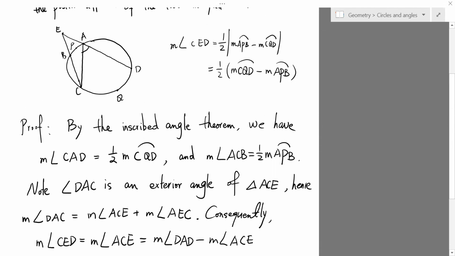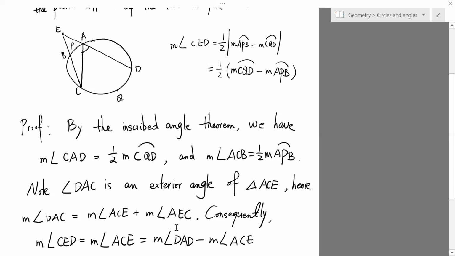But of course, the angle ACE is precisely the angle ACB, because B, E and C are collinear, they are on the same line. Hence, we could replace the measure of ACE by the measure of ACB up there, which in turn is equal to 1/2 the measure of the arc APB.